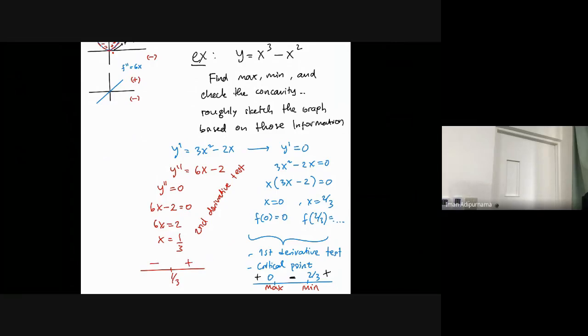Negative means less than 0, so I will write this as concave downwards, and this is concave upwards. So it will be downwards and then upwards.